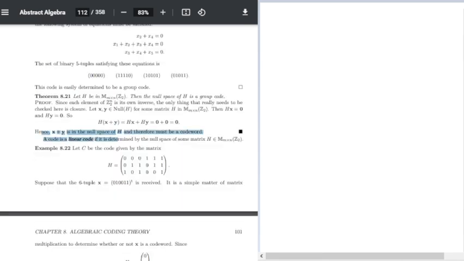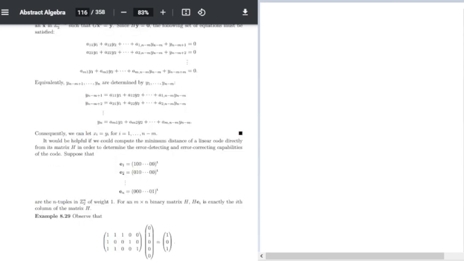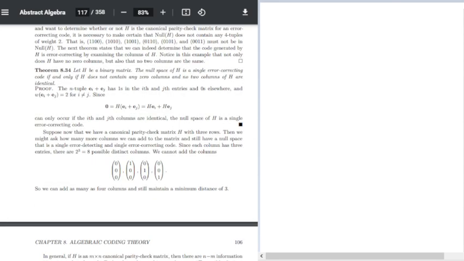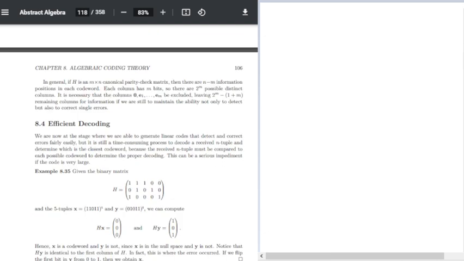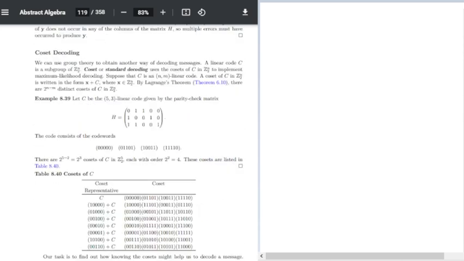A code is a linear code if it is determined by the null space of some matrix. Okay. So yeah, by that definition, the null space of a matrix is a group, since by linearity 0 is such, and then h of x plus y equals h of x plus h of y. If h of x and h of y are 0, then h of x plus h of y is equal to 0. So h of x plus y is equal to 0.